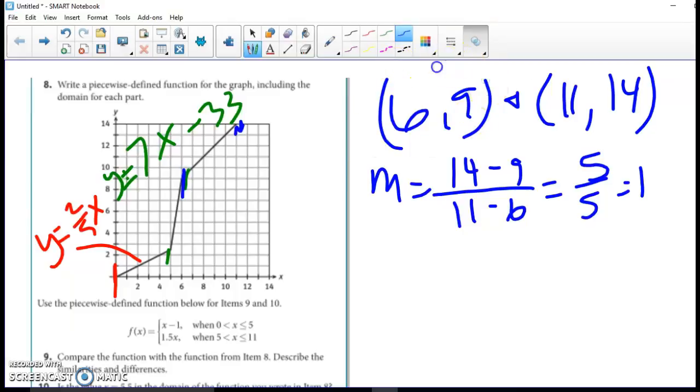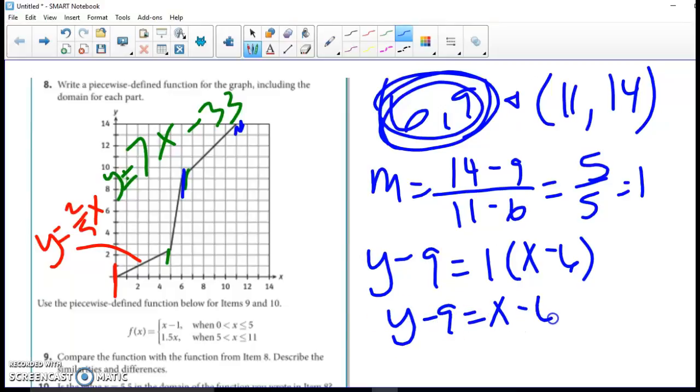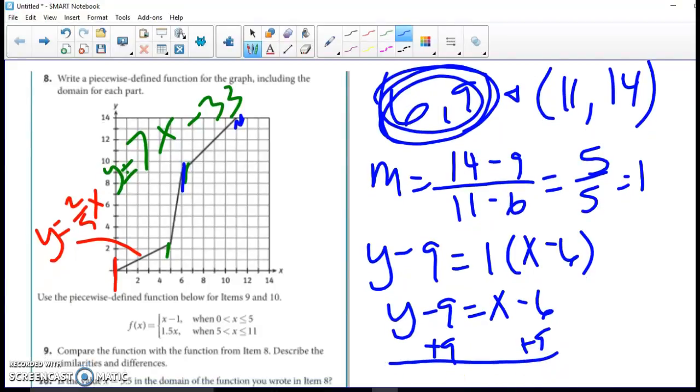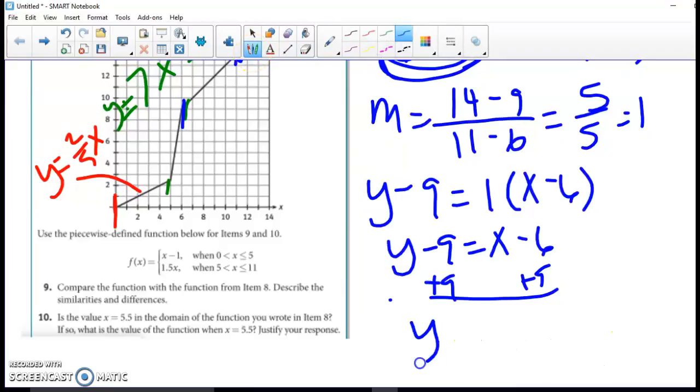And then using point slope form, and then solving, so it's in slope-intercept form, we have y equals x plus 5.